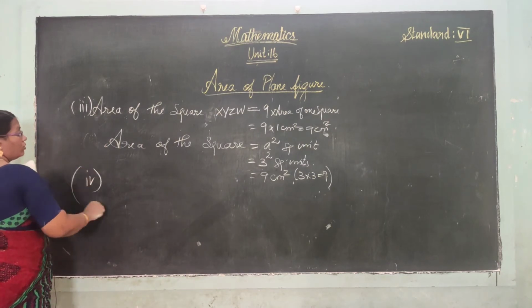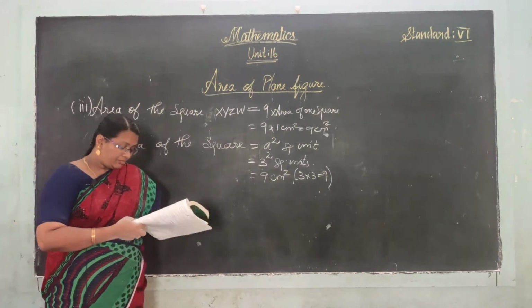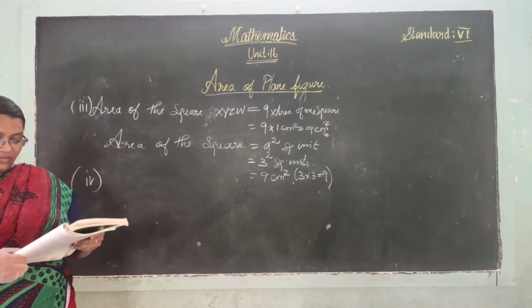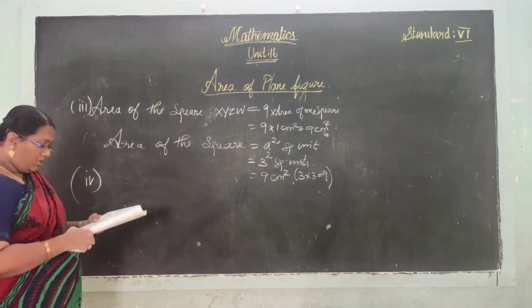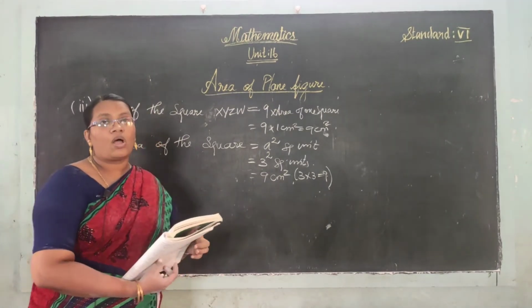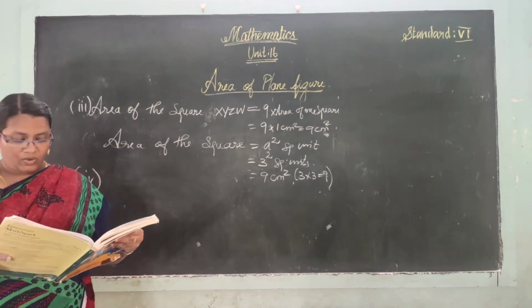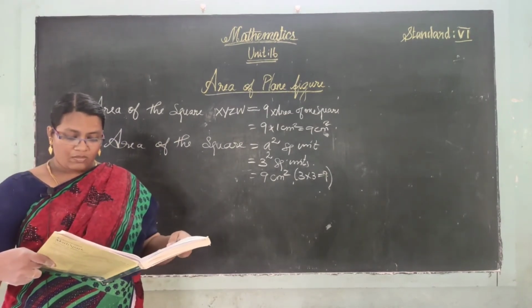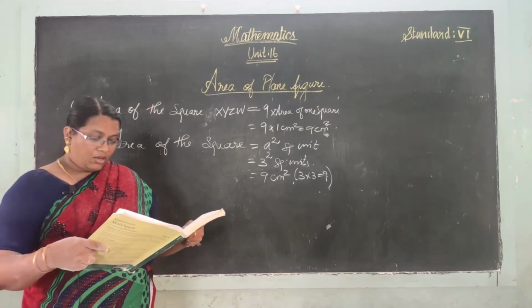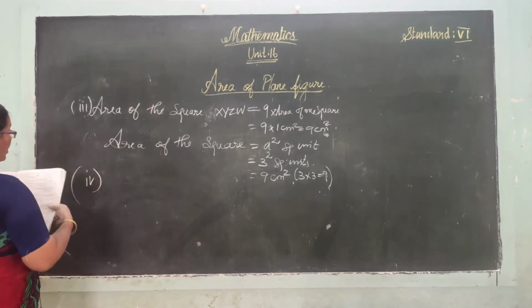Now see the fourth one of the diagram. A, B, C, D. So here one of the shapes is given. How many square boxes are there? 7 square boxes. So how can you find that?